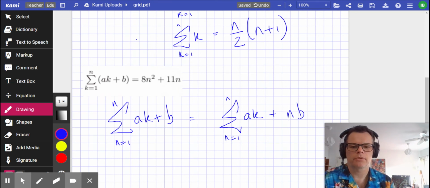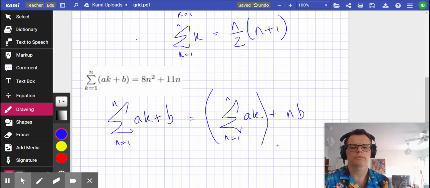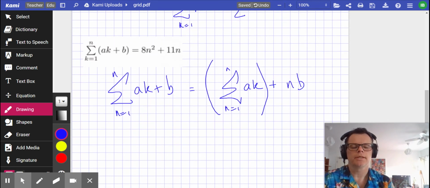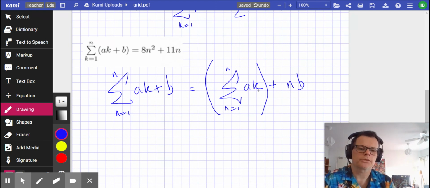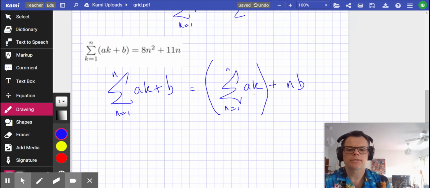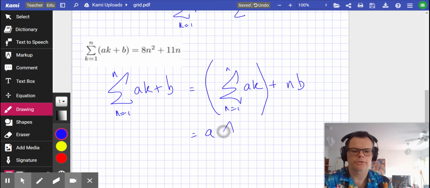That's separate. How do you separate that? Let me show you. There you go. So it's that sum separate to nb. And then a lots of the number is just the same as a lots of that sum, k is 1 to n of k, plus nb.